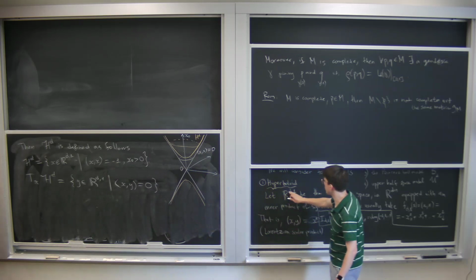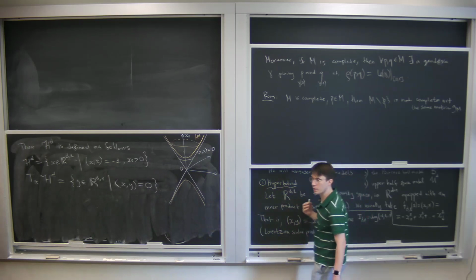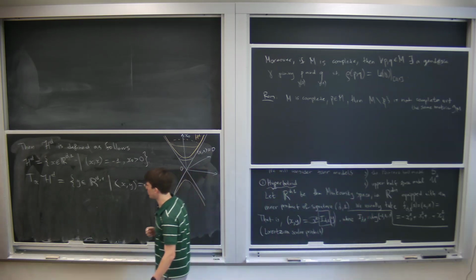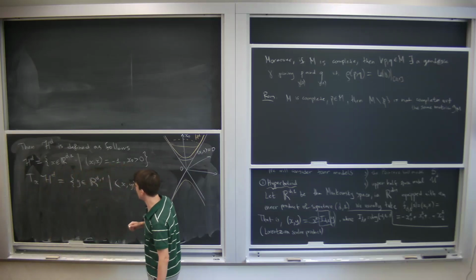And actually, this R^{D+1} is also sometimes called the Lorentzian space, but I'm just used to this terminology.